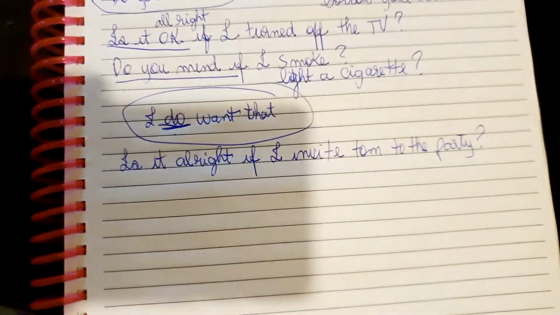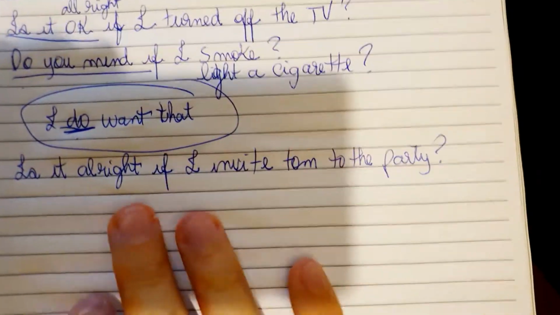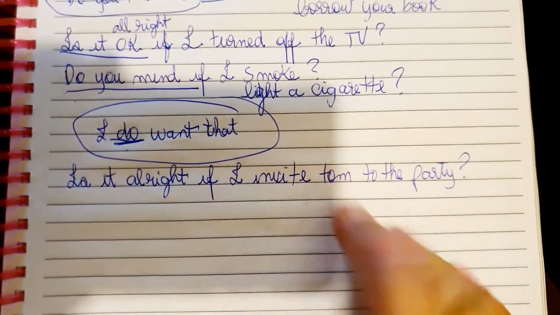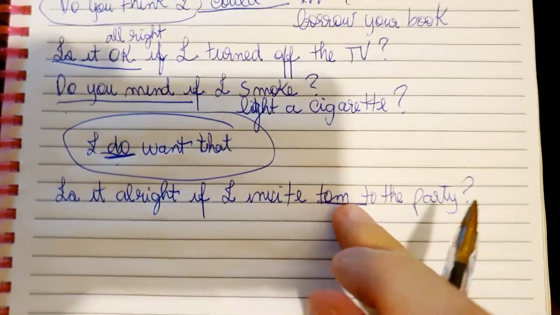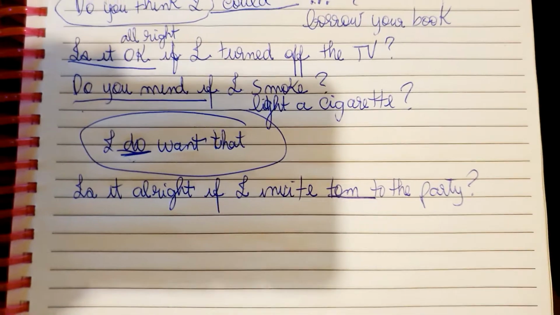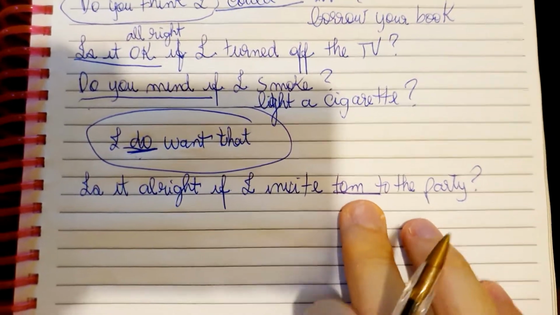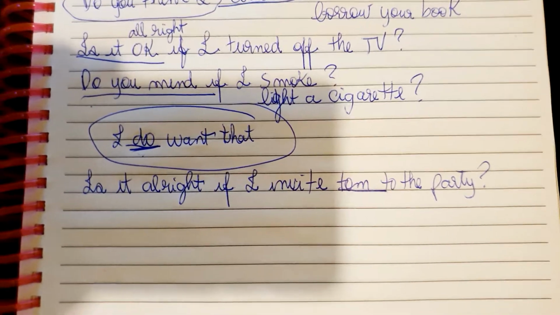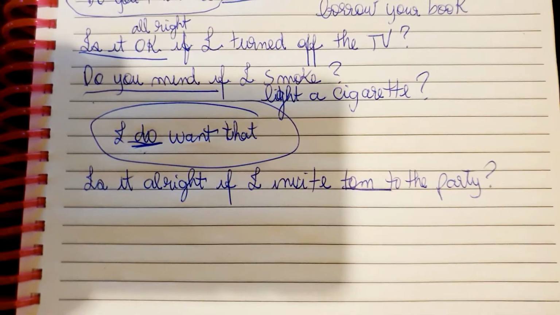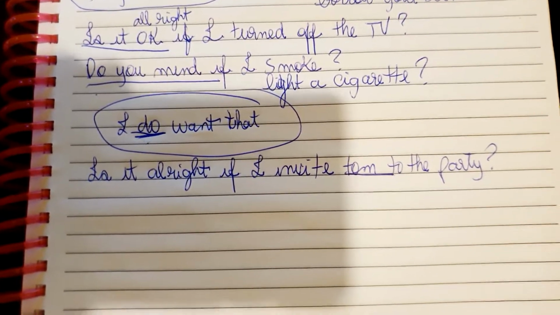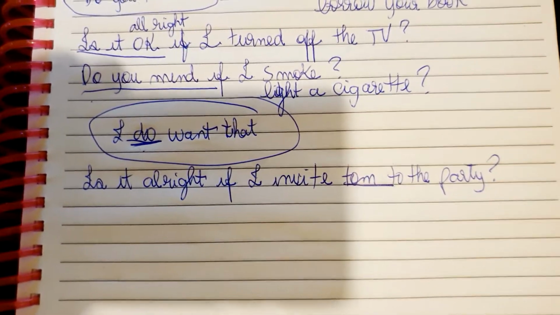Somebody asks me if I'm okay with the fact that my friend wants to invite Tom, because he knows I don't like Tom, for example. Right? You feel uncomfortable around him, so you don't want him to be invited, perhaps. So your friend thinks that it would be better to ask you before if it's all right or not.